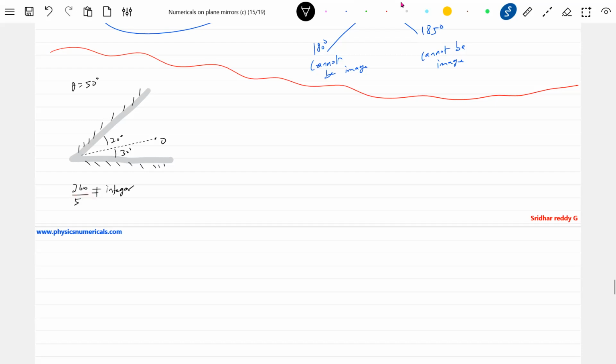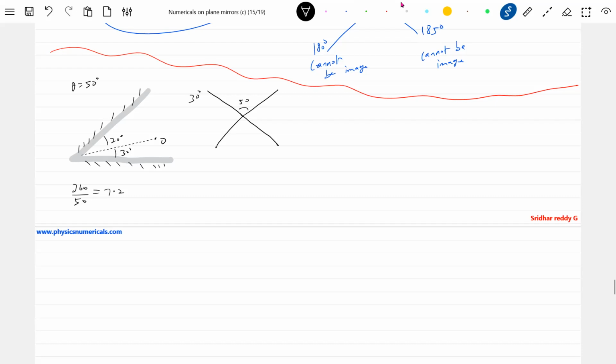Or directly we'll calculate the value, we'll see what we get. 360 by 50 is 7.2, so it's not an integer, no? So what shall we do now? I should go for tracing out the images. So first 20 degrees, 30 degrees, let me start with 30 degrees.